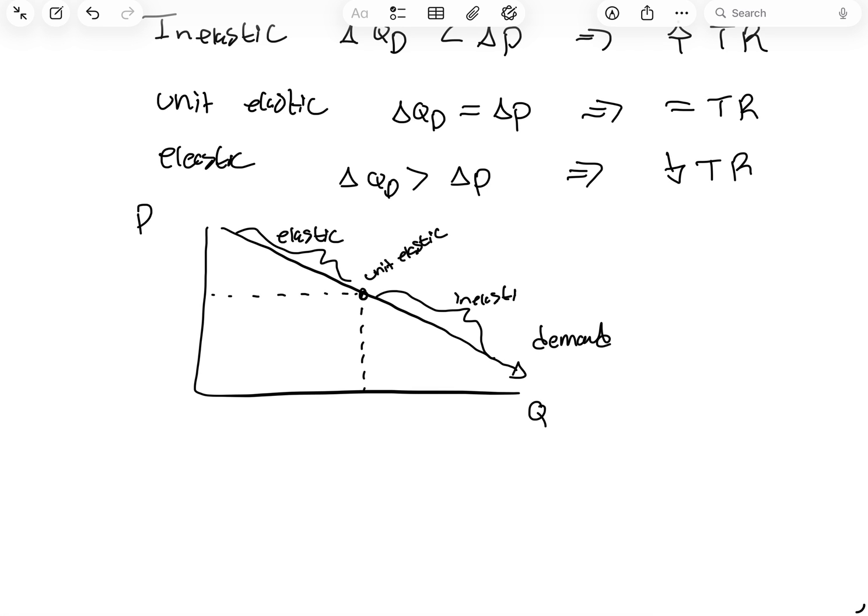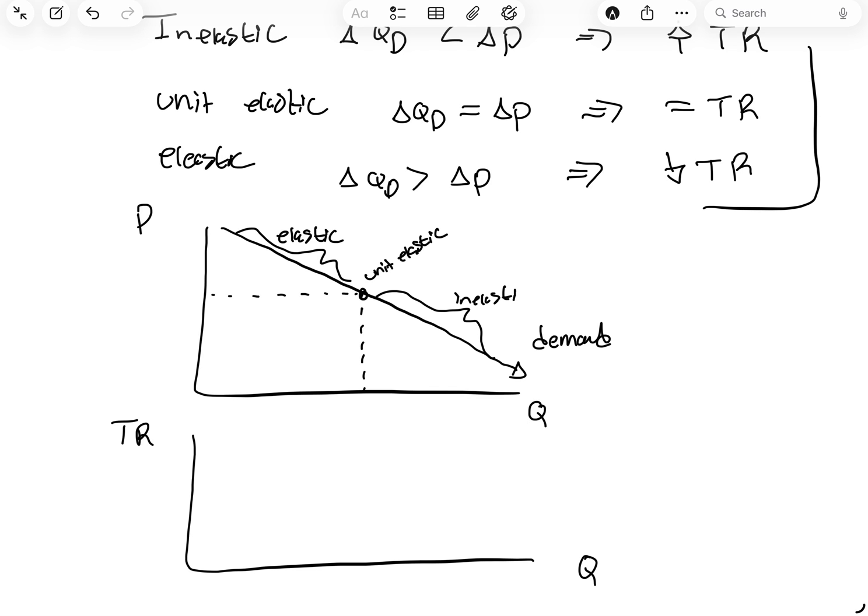And this graph actually projects very well onto this other graph on total revenue and quantity, showing you the relationship. So whatever we've discussed here, we can represent in the graph below. You have the highest revenue when you're approaching unit elastic.